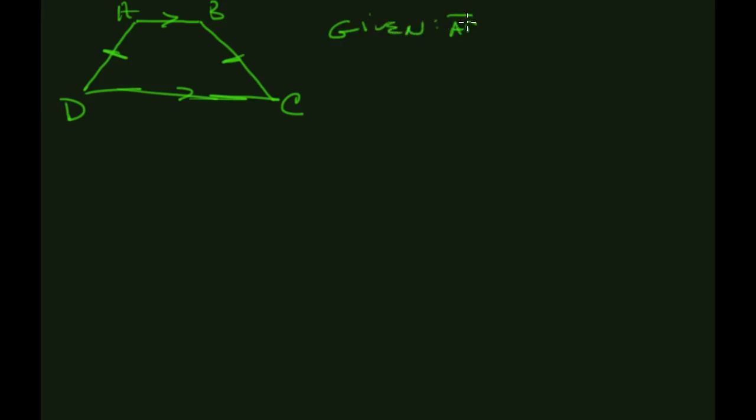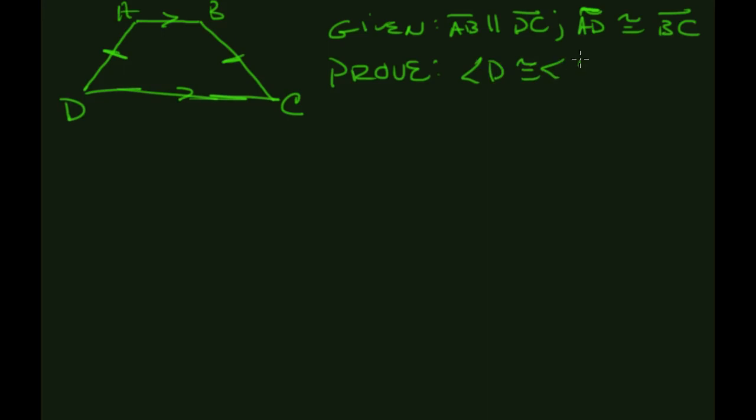And we are going to be given what we already know here. We know that AB is parallel to DC. And we know that AD is congruent to BC. What we're going to prove is that the base angles, so angle D is congruent to angle C, so these two base angles are congruent.